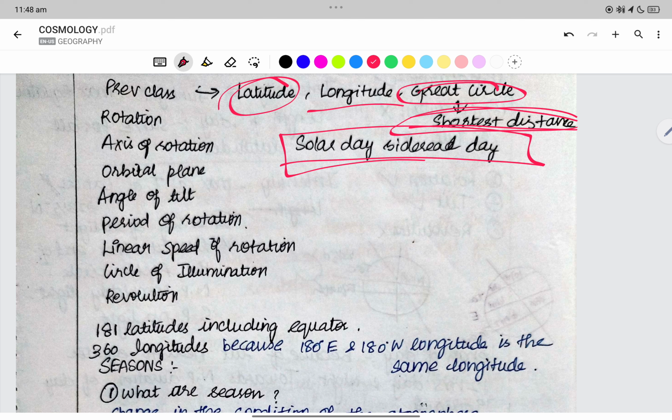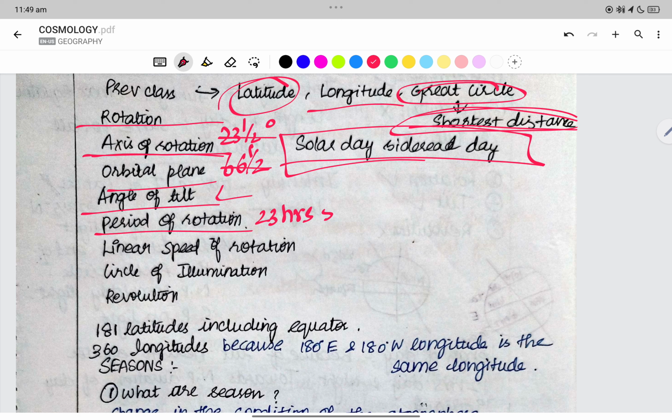Solar day, sidereal day. Axis of rotation, the axis of rotation 23.5 degree tilt. Orbital plane 66.5 degree. Angle of tilt and then period of rotation is 23 hours 56 minutes, the sidereal day, and then 24 hours is the solar day.